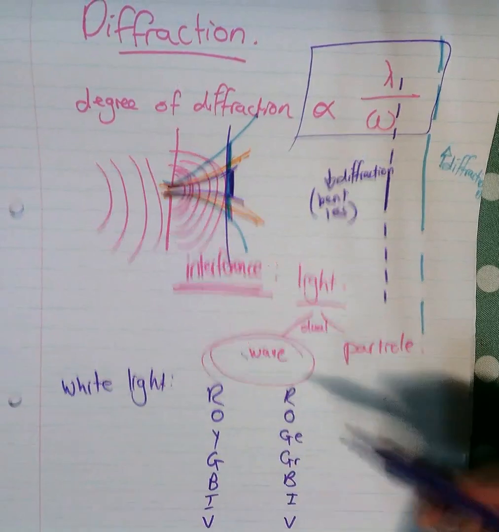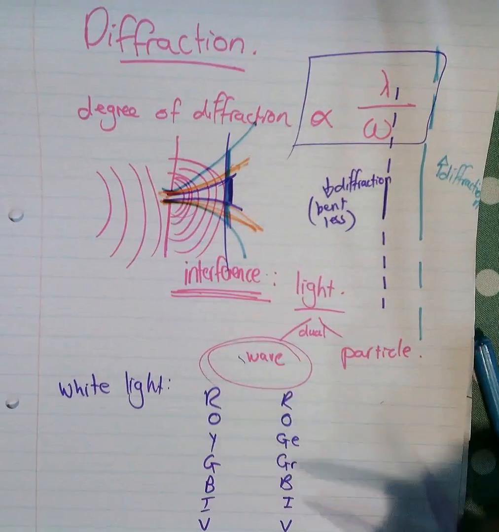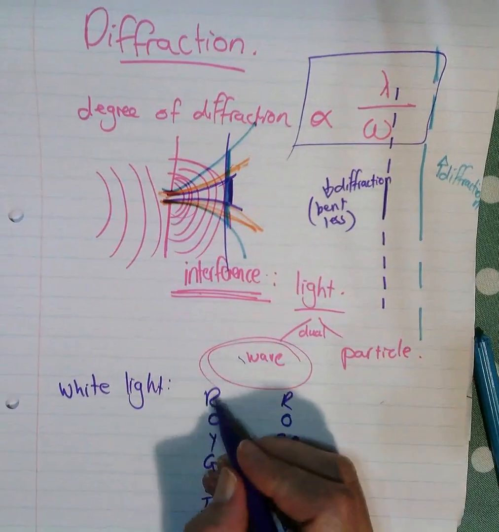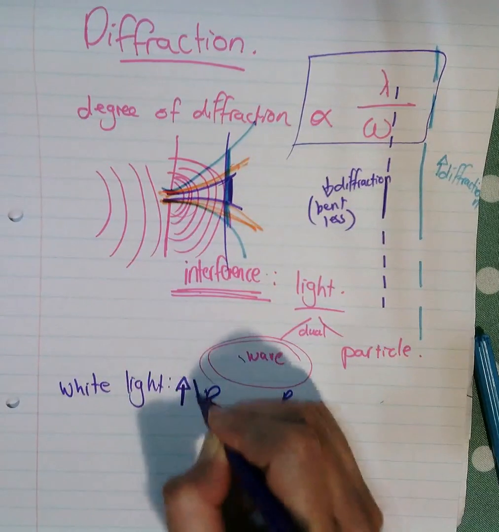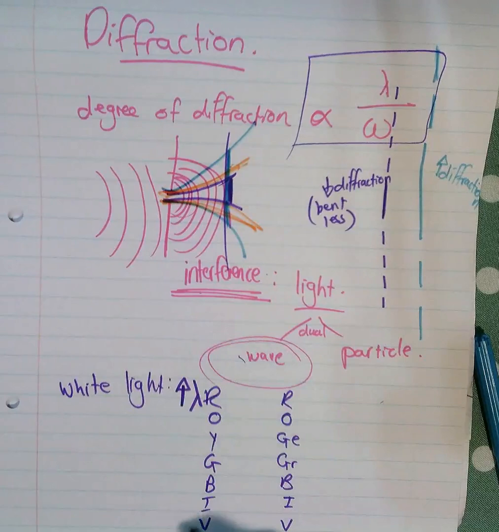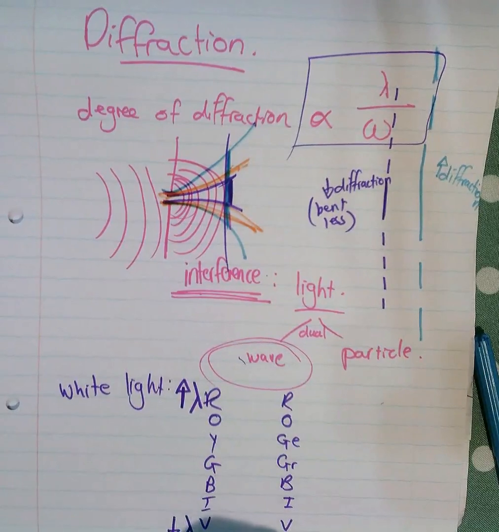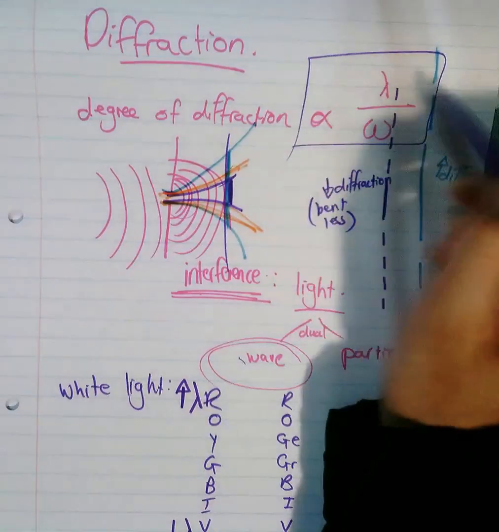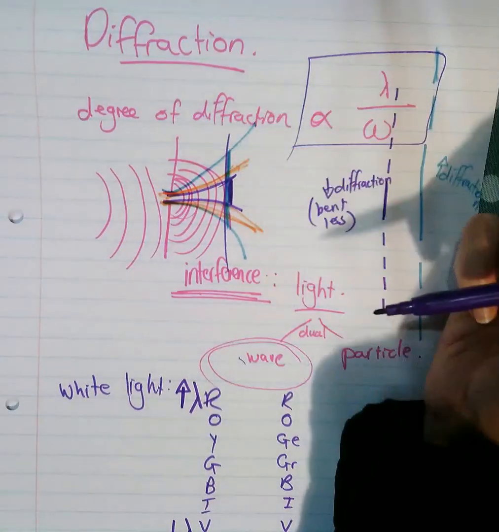Okay, those are the colors that white light consists of. So red has the highest wavelength, violet has the lowest wavelength. Okay, and according to this, the higher the wavelength, the higher the degree of diffraction.